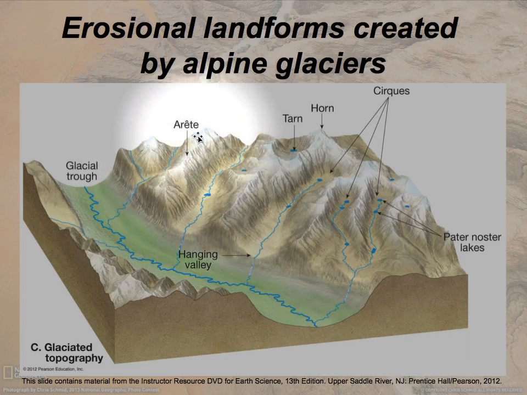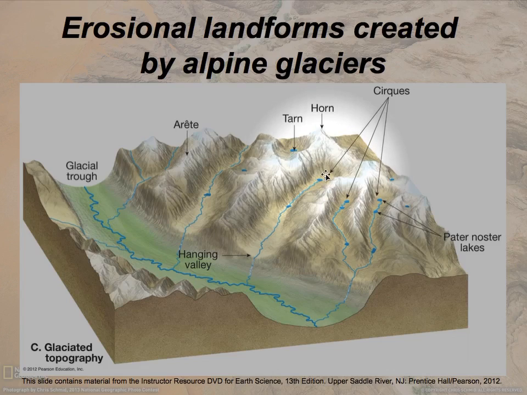Higher up in mountainous or alpine regions, you have arêtes, which is a French term, but it's basically a long knife ridge between two hanging or U-shaped valleys. We have a U-shaped valley over here and a U-shaped valley over here, and this arête is the divider between the two. A cirque is usually found higher up in alpine regions. It's the beginning of a hanging U-shaped valley.